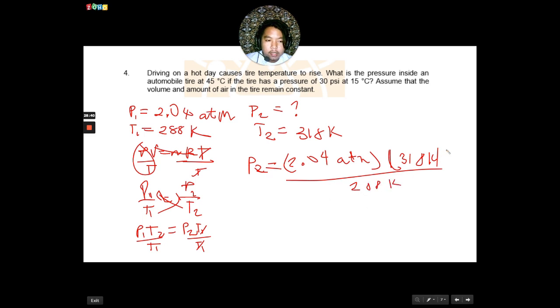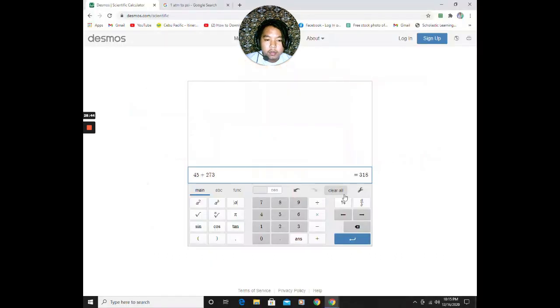So the Kelvin will cancel out. It's 2.04 times 318.